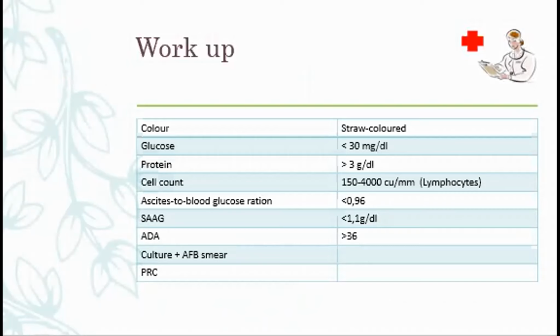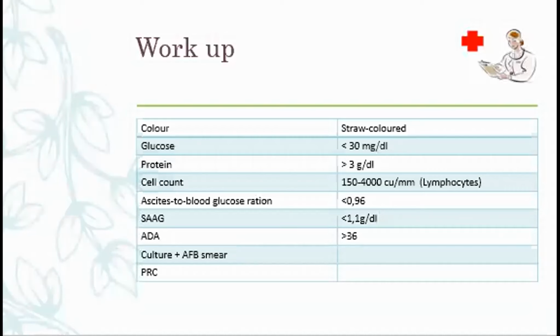It's important to note that with the ADA, if there is HIV co-infection, it can still be normal or low, so you can't just go on the ADA. You also do your culture and your AFB smear. But these aseptic taps are only positive in 10 to 15% of cases. They say that if you tap 1 liter of fluid and concentrate that via a centrifuge, it increases sensitivity.